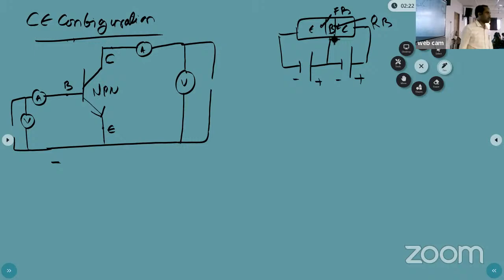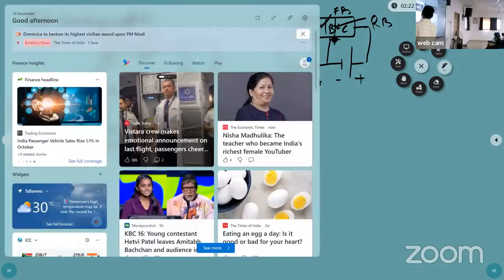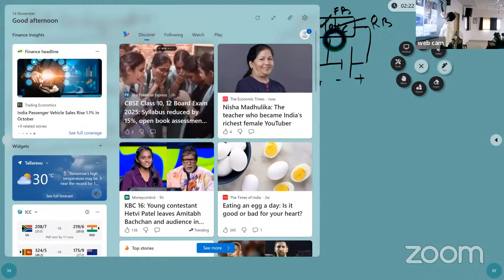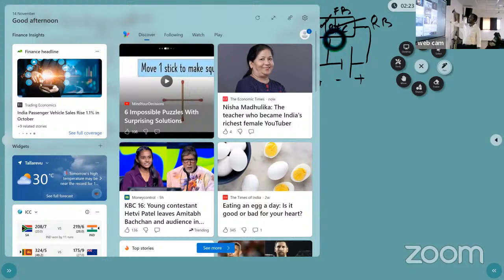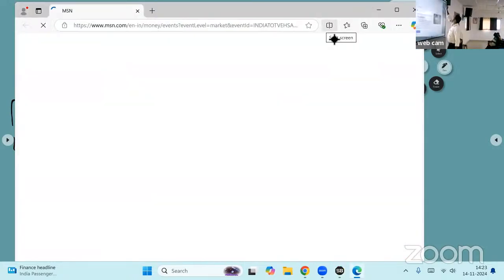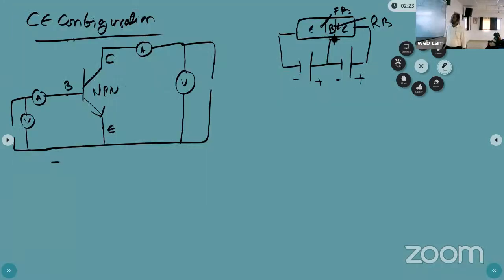Connect the battery. Positive terminal to... okay.